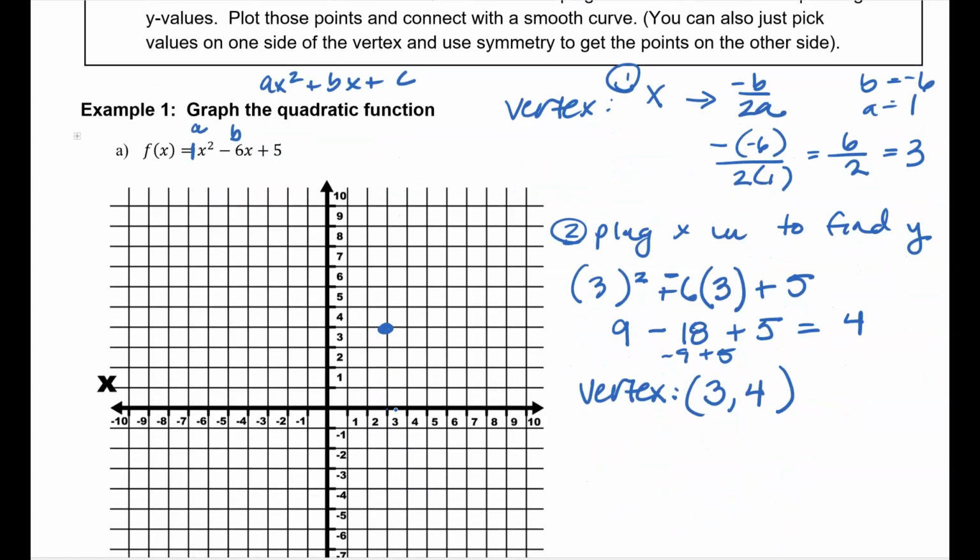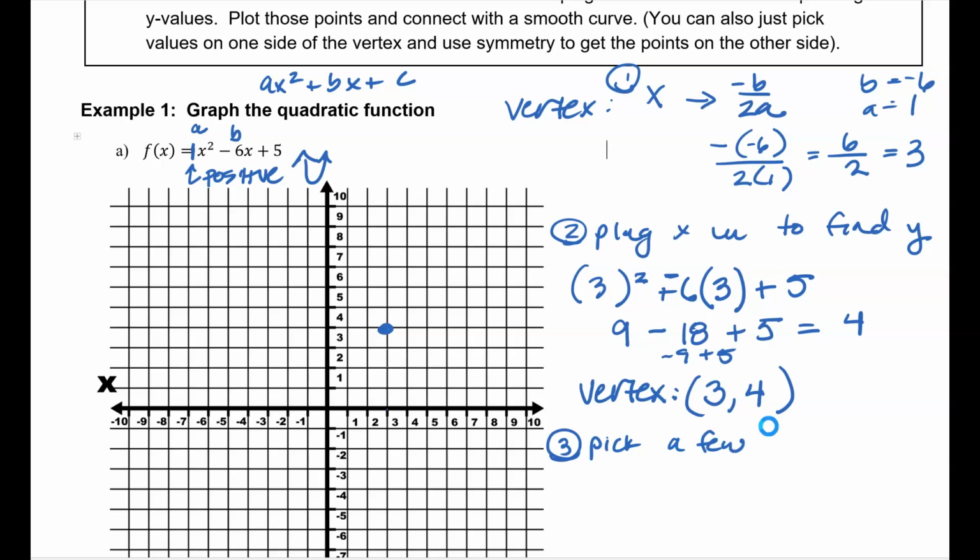And you could also look at the leading coefficient, ask yourself, is it positive or negative? It's positive, so we know it's going to face up. And so at this point, step 3 is to pick a few, I would say 2 maybe, x values on either side of the vertex.